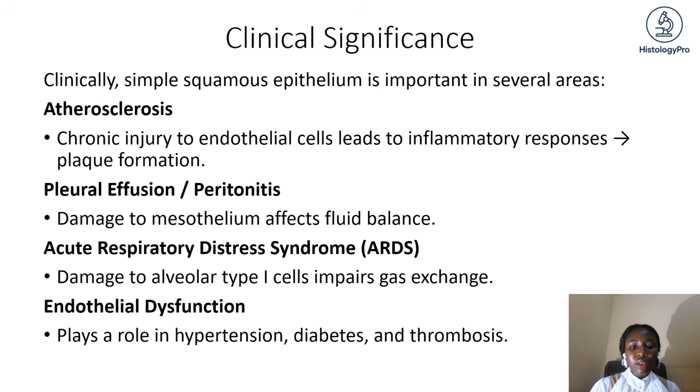And also in endothelial dysfunction, when endothelial cells are damaged, they lose their regulatory function of vascular tone and permeability. This plays a key role in hypertension, diabetes, and thrombus formation. So clinically, the importance of simple squamous epithelium lies in how its damage directly compromises exchange surfaces and vascular function.